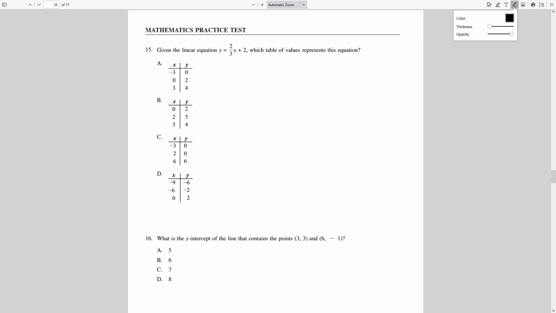y equals mx plus b. m is the slope, b is the y-intercept point, I think. The slope is 2 over third, and the y-intercept is 2.